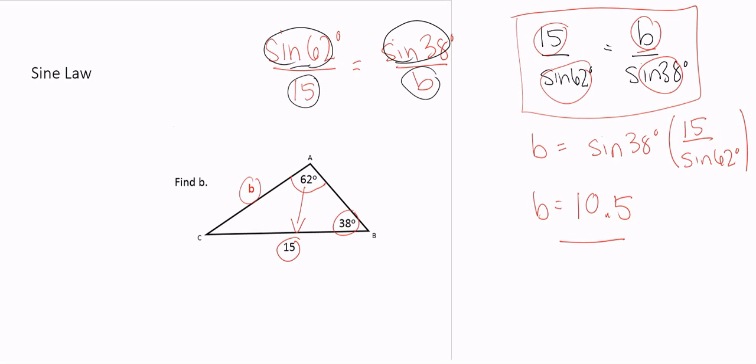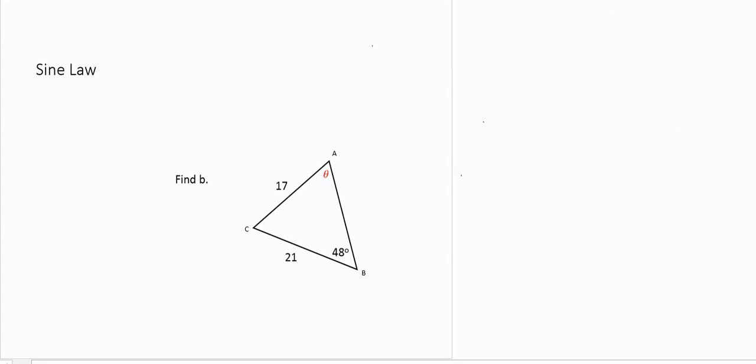Let's do one more example. So again, this triangle, it's not a right angle triangle, so we can't use our basic trig ratios. We need to look and see, do we have a matching pair? Yes, we do. We know angle B is 48 degrees, and we know that its opposite side is 17.